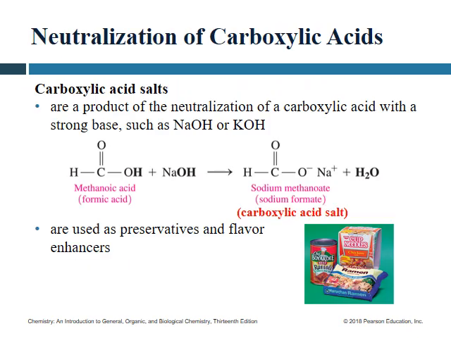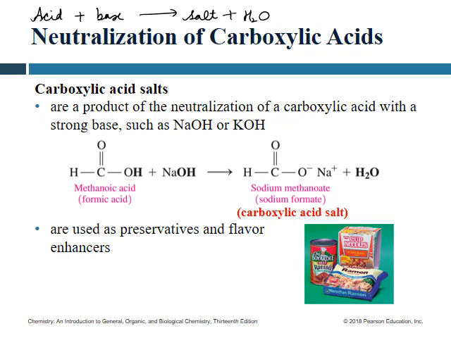Next we'll talk about the neutralization reaction of carboxylic acid. Neutralization reaction is whenever you add an acid, it reacts with a base to produce salt and water. Why is this called neutralization?